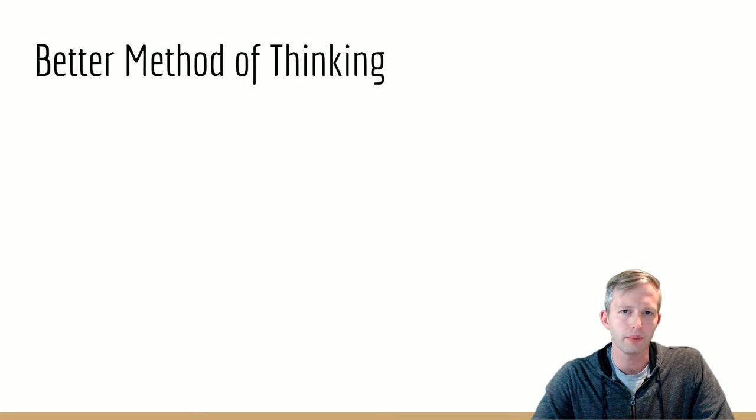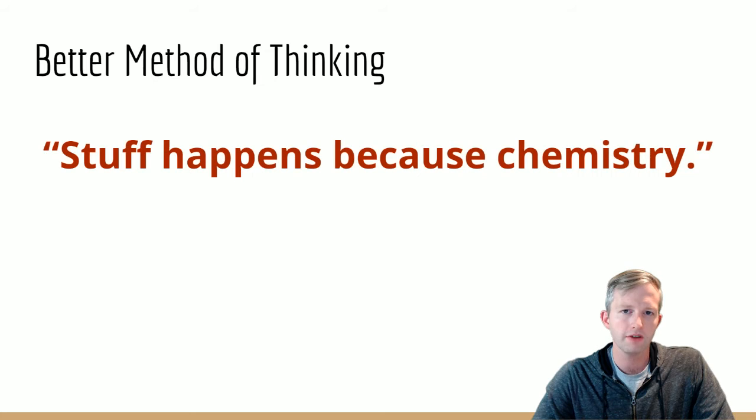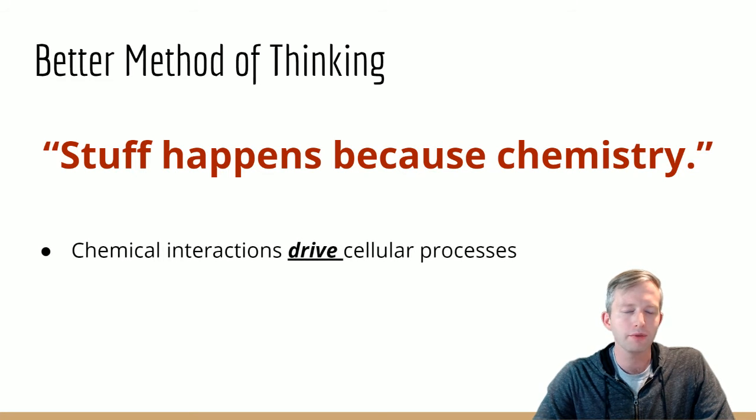So here's a better way of thinking about this. Stuff happens because chemistry. And that's how we need to be thinking about the cell. Chemical interactions are the things that drive cellular processes. They are the driving mechanism for what happens inside of a cell.